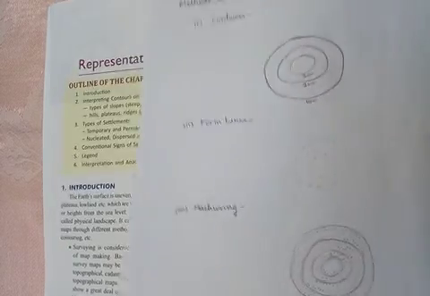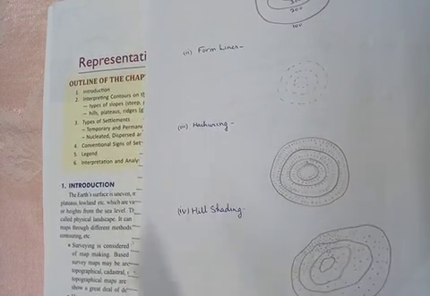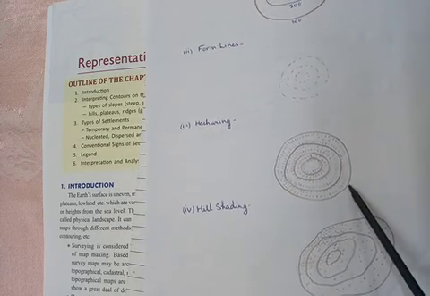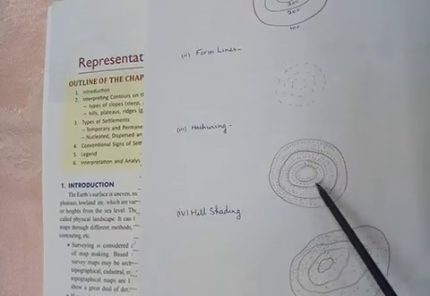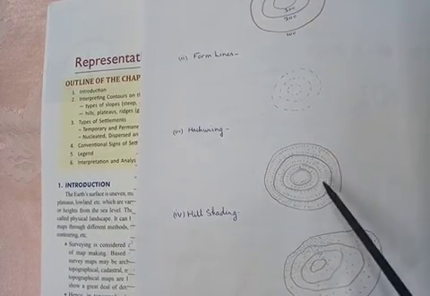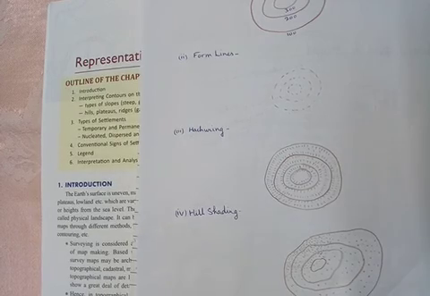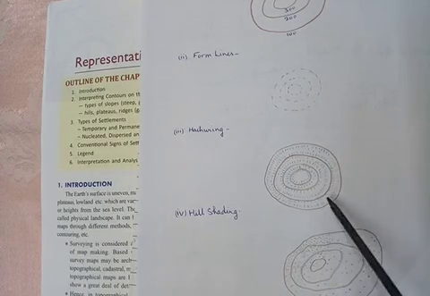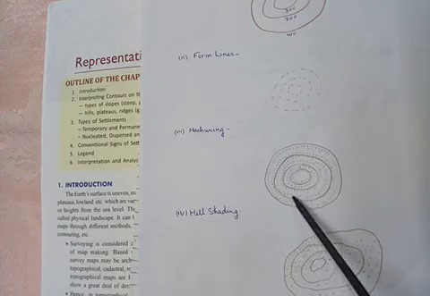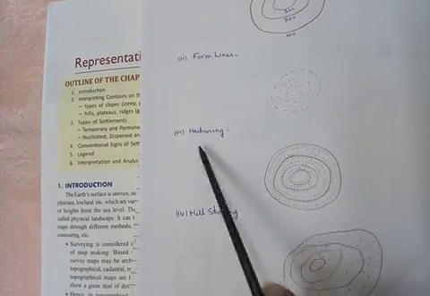Next method is hatching. You can find here these are contour lines, but the slope is shown by dotted lines. These dotted lines show the slopes, and so this method is called hatching.